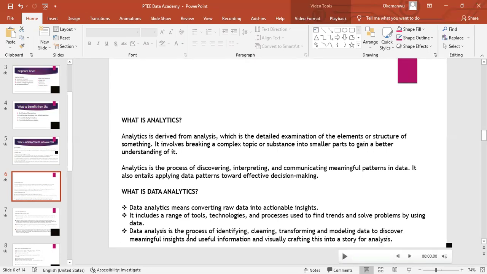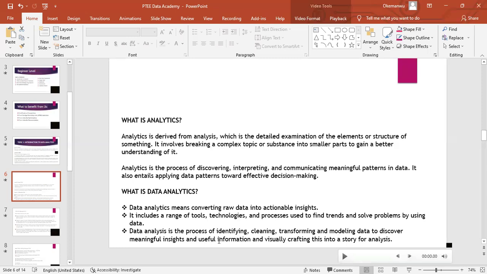Generally, data analysis is the process of identifying, cleaning, transforming, and modeling data to discover meaningful insights and useful information.